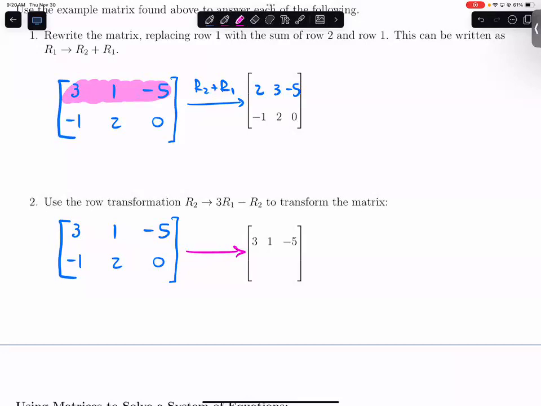Okay, I would probably do a little scratch work on the side here. We're going to take row 1 and multiply by 3. So 3 times everything here would be 9, 3, and -15. Minus row 2. So I'm just going to copy row 2 down. -1, 2, 0. And we are subtracting.